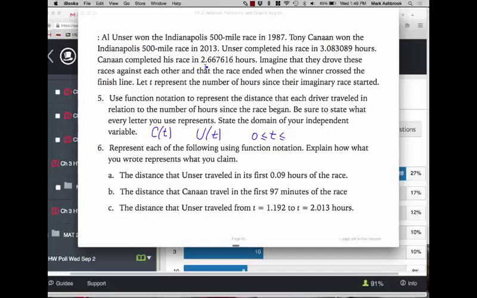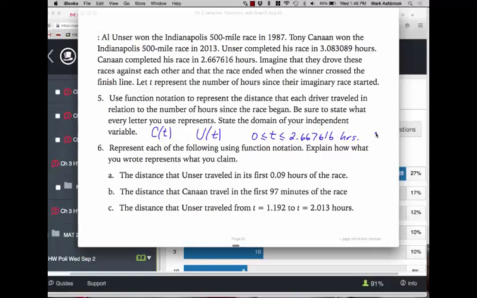Well, that was Tony Kanan, so 2.667616 hours.